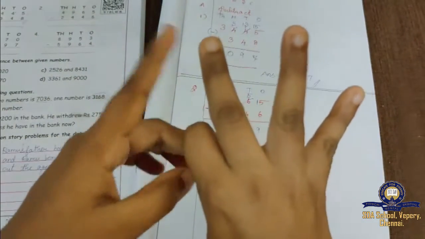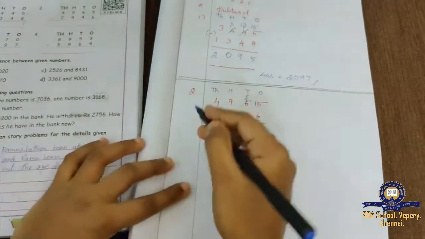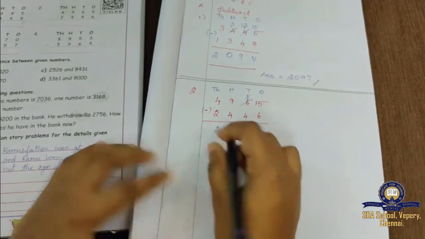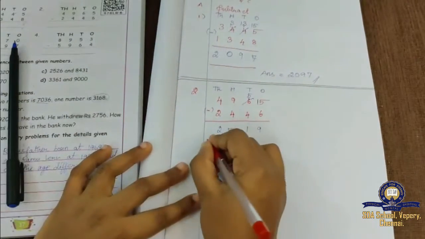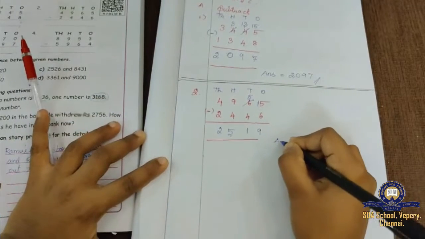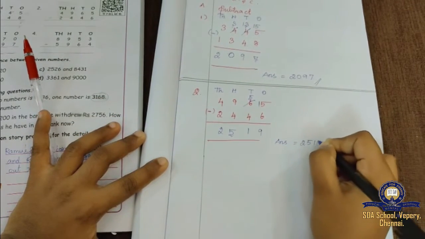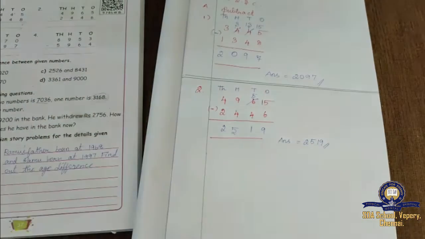What is 4 minus 2? 1, 2. The answer is 2. So the answer is 2519. Write answer equal to 2519. Draw a line.